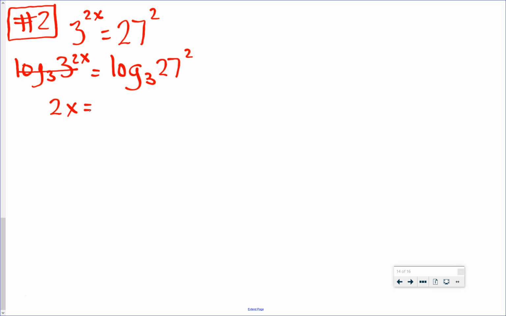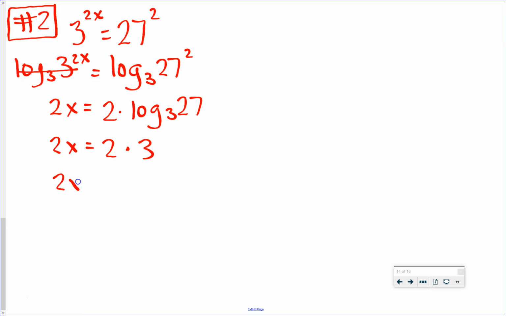My other side, here's the level up. There is a power still, right? So I'm going to use my power property. I'm going to move the 2 in front before I evaluate. What is log base 3 of 27? It's 3. So that's 3 times 2.